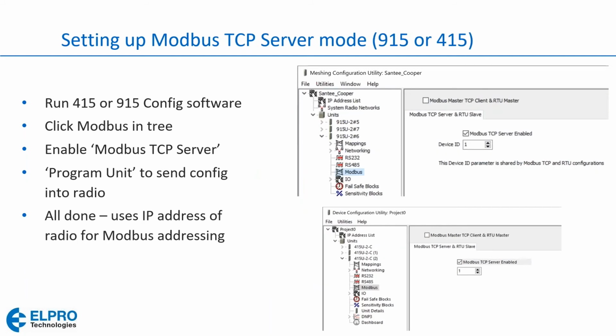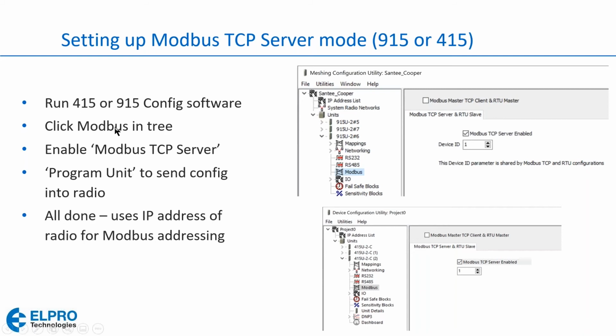Okay, then the next thing I'd like to discuss is setting up a Modbus TCP server mode on either the 915 or the 415 radios using their Windows-based configuration utility.